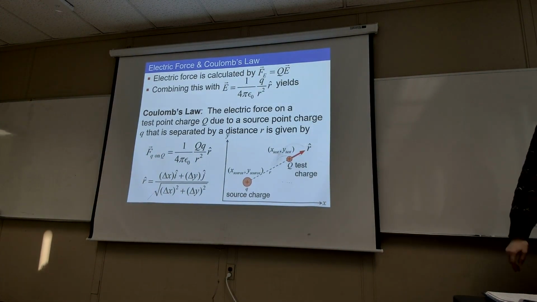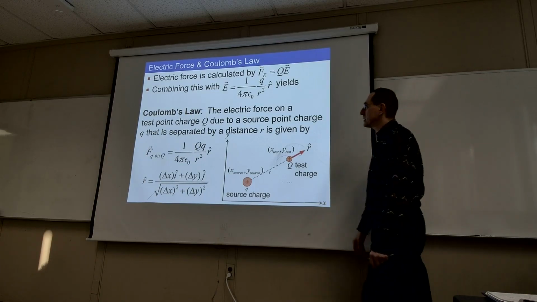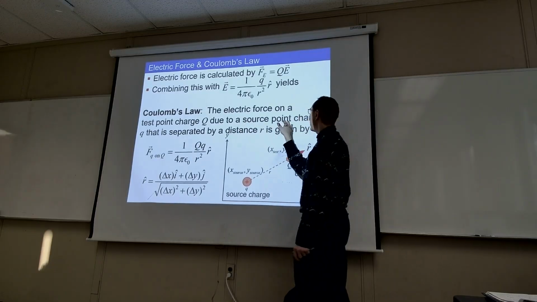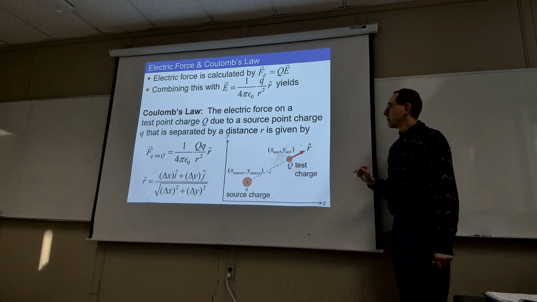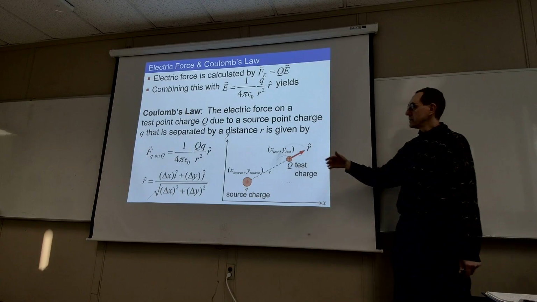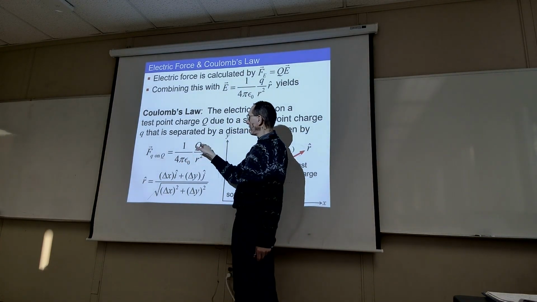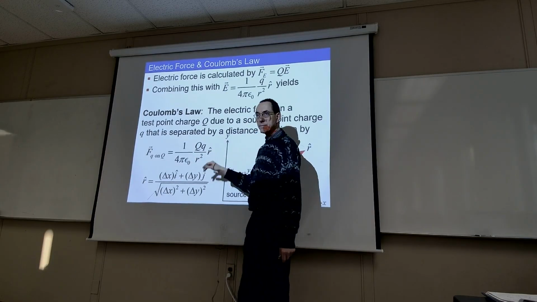Coulomb's law tells you that the electric force on a test point charge capital Q due to a source point charge little q separated by distance r is given by this expression: 1 over 4 pi epsilon naught, times Qq over r squared times r hat.